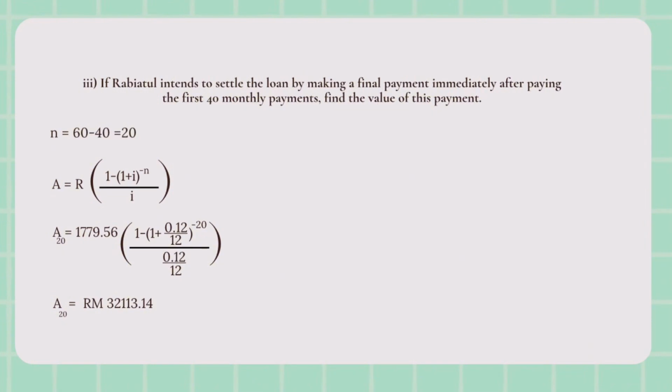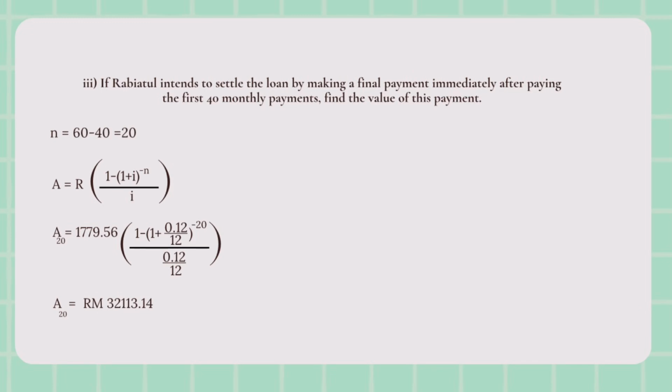Now we substitute the given values. Monthly payment is 1,779 ringgit 56 cents. The annual interest rate is 12%. Monthly interest rate is 12% divided by 12, and the remaining payments is 20. After substituting all values into the formula and simplifying, we obtain the remaining loan balance.